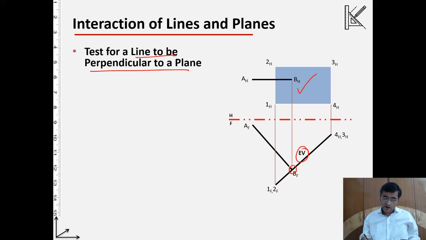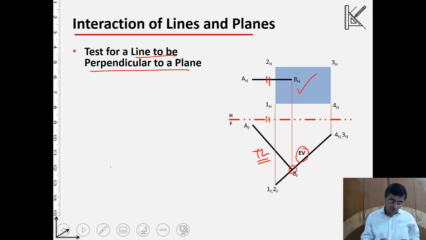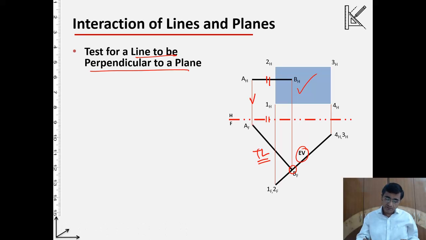Alright, I know the true length of the line, because this is parallel to this, which means its projection onto the frontal will be the true length. So I apply the true length to AF, BF, and then I draw the projector from A, and they meet over here.